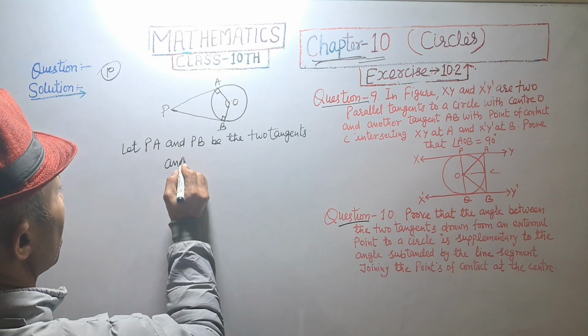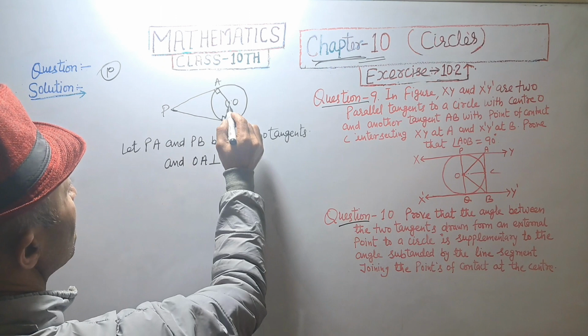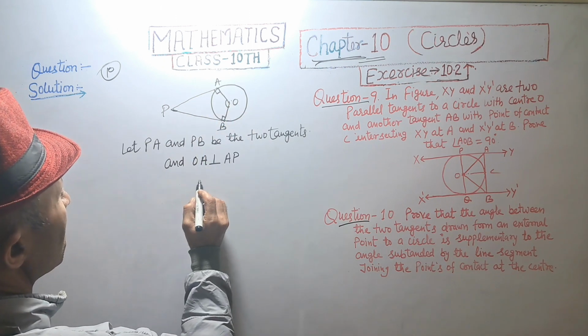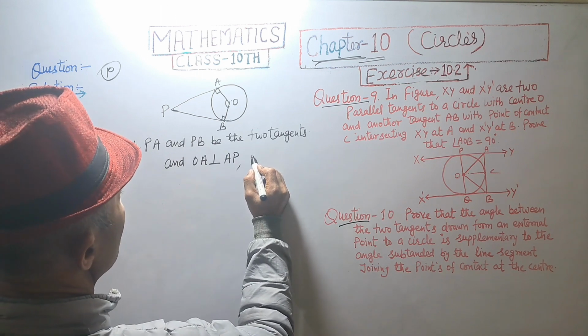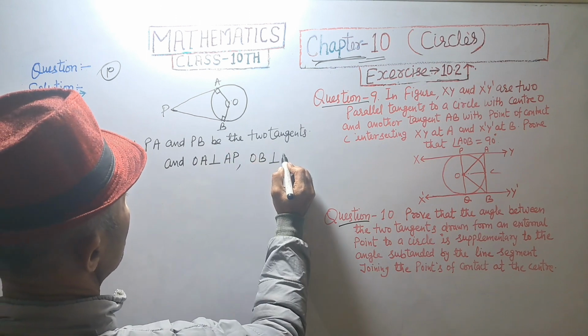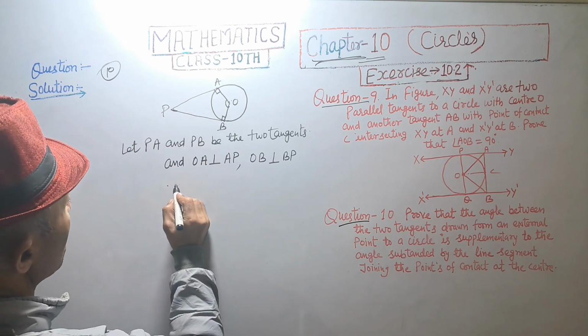OA is perpendicular to AP, OB is perpendicular to BP.